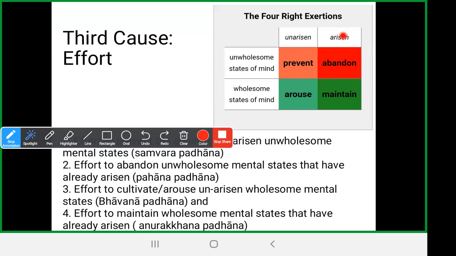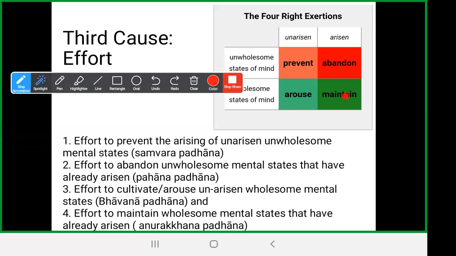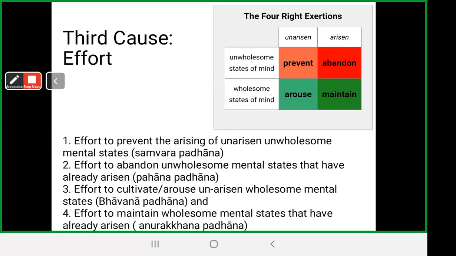If already arisen, you should abandon it. Wholesome one, if unarisen, you should make it arise. If already arisen, you should maintain it. Like now, if you have the bojjhanga factors arisen, maybe some of the bojjhanga like joy, happiness, and so on, you should maintain it. Okay, so there are 4 efforts.